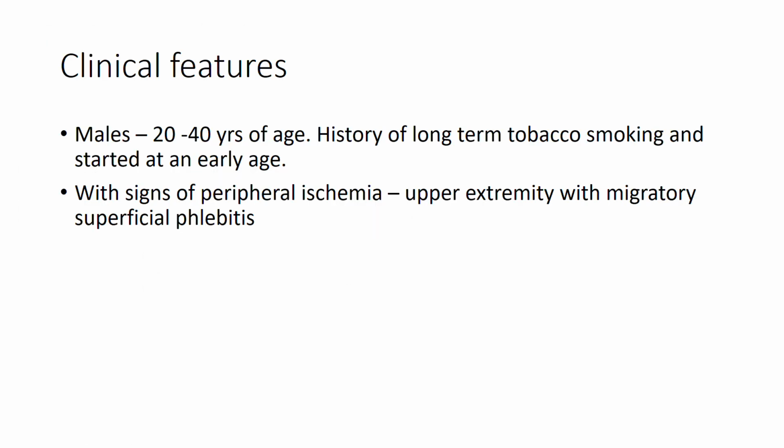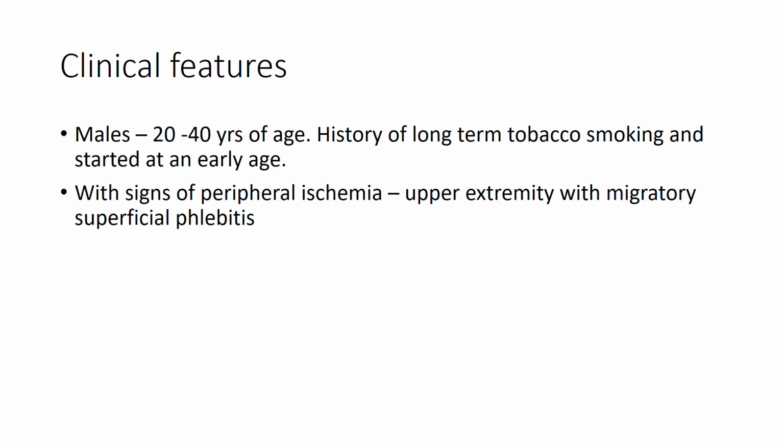Now, if you see the clinical features, usually, if you see the history, a person in the age group of 20 to 40 years will tell you that I have been smoking for a very long time, and I have been smoking a lot of cigarettes every day. So this will be how a patient will be presenting to you, and he may also give you certain signs of ischemia.